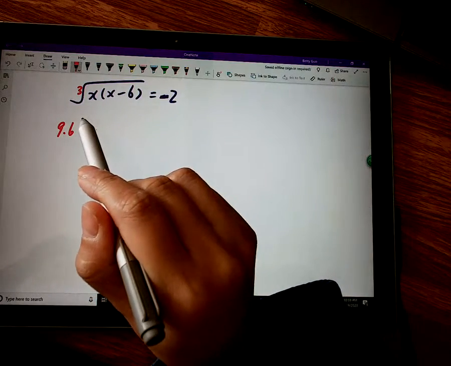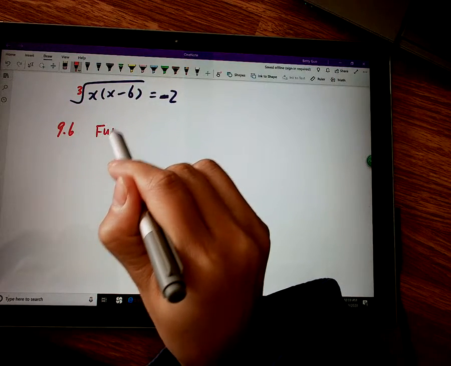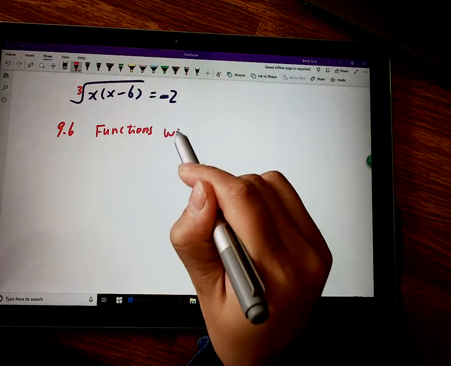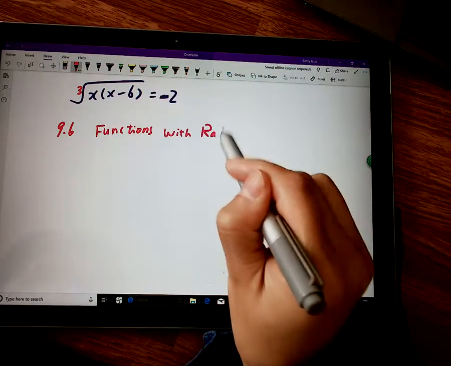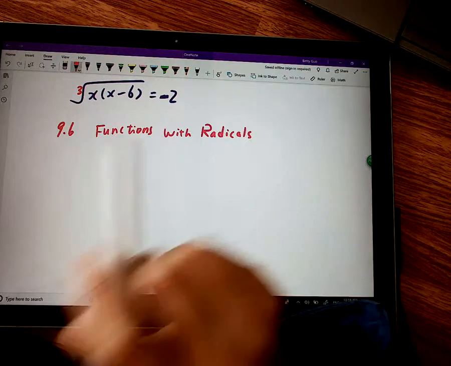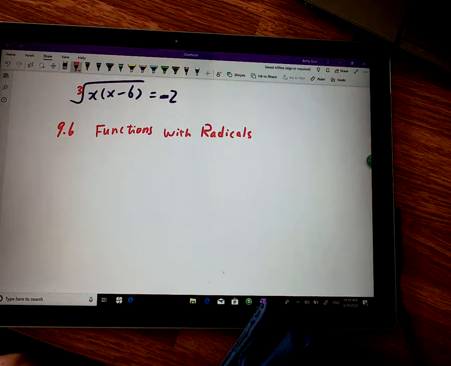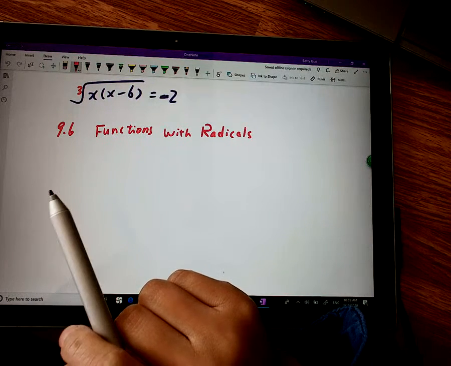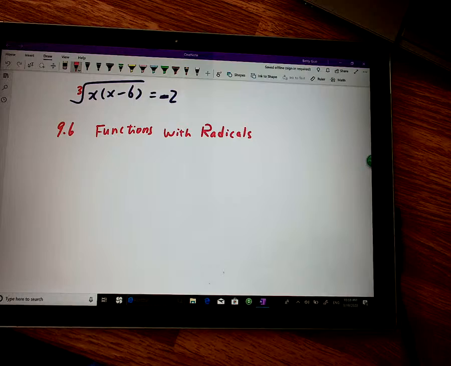The title of 9.6 is functions with radicals. If you look at my notes, you would see this paragraph in green or blue.